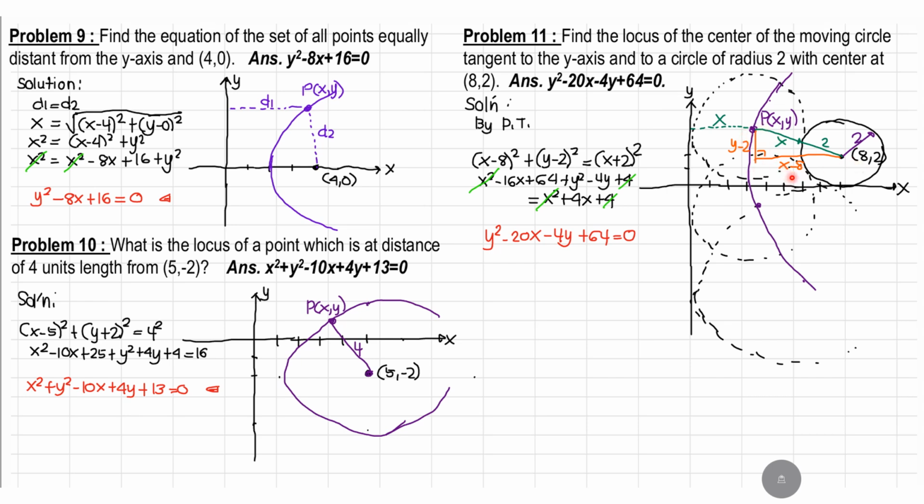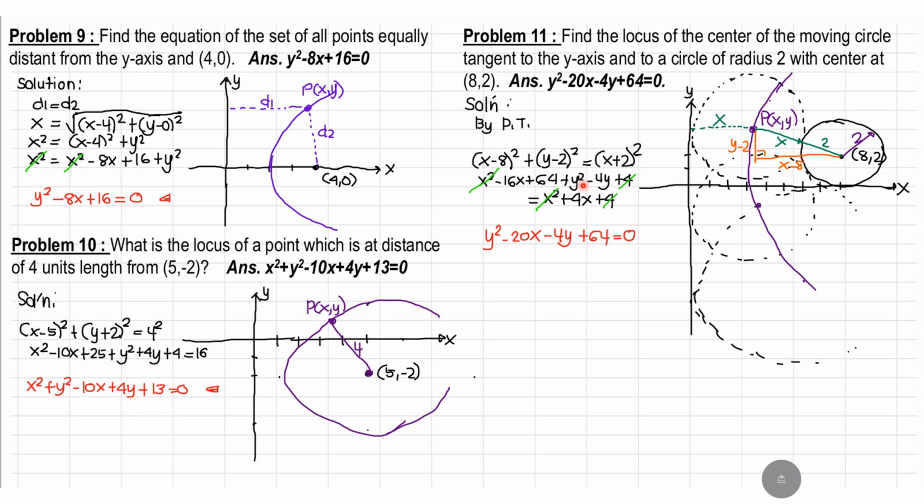So from the figure, (x minus 8) squared plus (y minus 2) squared equals the hypotenuse (x plus 2) squared. Expanding, x squared minus 16x plus 64 plus y squared minus 4y plus 4 equals x squared plus 4x plus 4. We cancel out x squared and this 4 here.